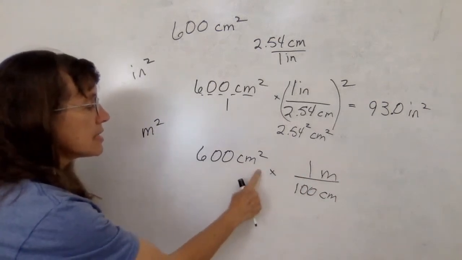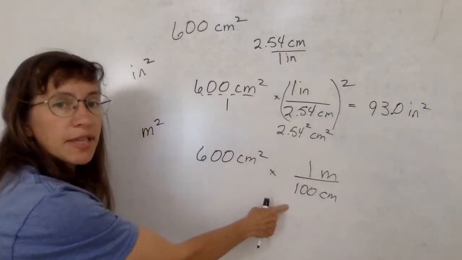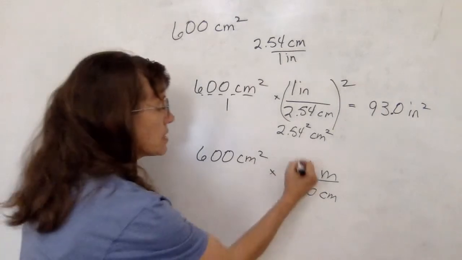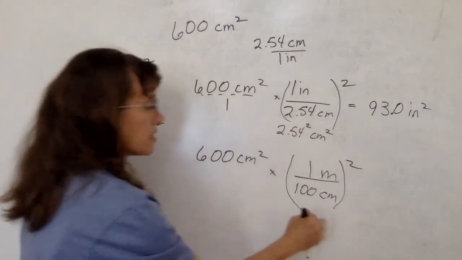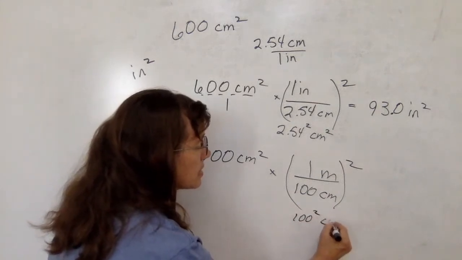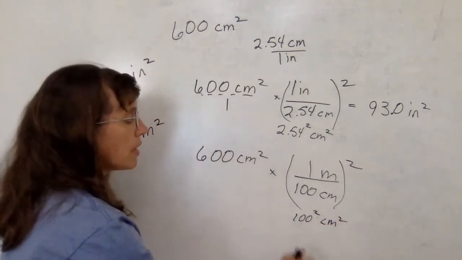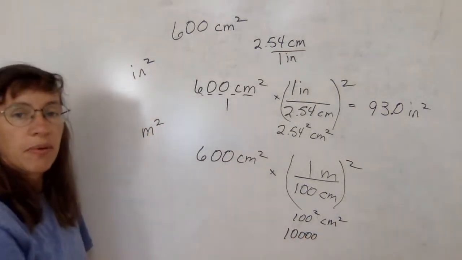Again, because this is centimeters squared, we need to square the top and the bottom to get everything into the correct units. So we'll square this whole entire thing. And so then you'd have 100 squared centimeters squared. 100 squared, that's 10 to the 4th, just by the way.